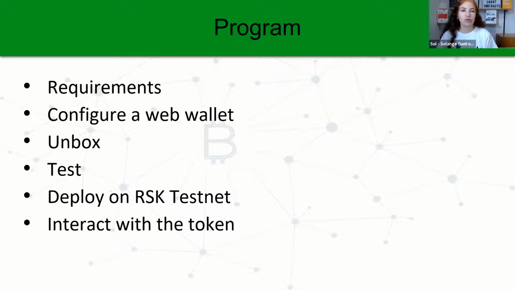We only have to run it. After, we will deploy on RSK Testnet, and this is the most challenging part because sometimes to deploy using Truffle, it takes time. So we have the alternatives to do it. And in the end, we will interact with the token.